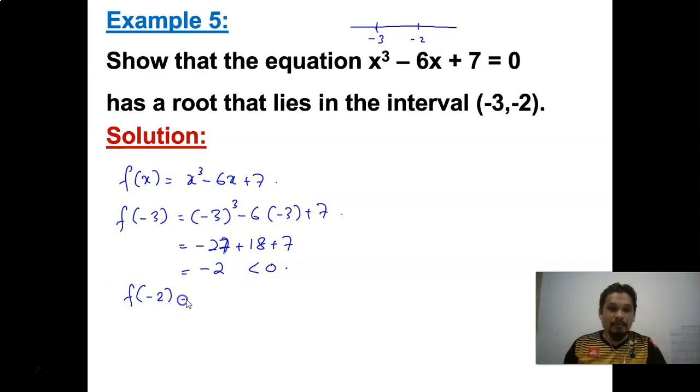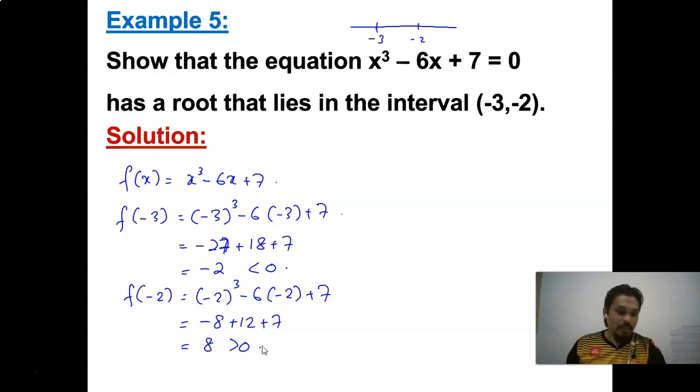And f(-2): -2 cubed minus 6 times -2 plus 7. The negative cube is negative: 2 squared is 4, times 2 equal to 8. -6 times -2 equal to positive 12, plus 7. So 12 plus 7 is 19, minus 8 equal to positive 8, which is greater than 0.